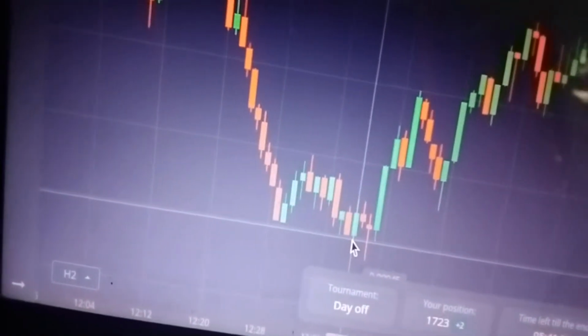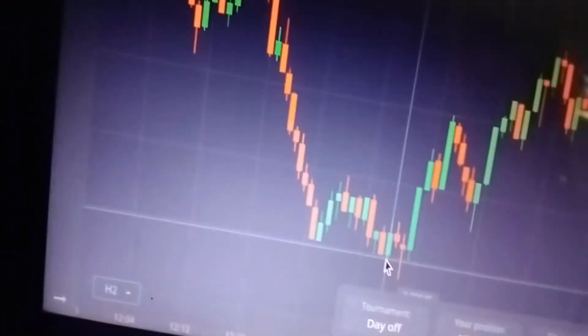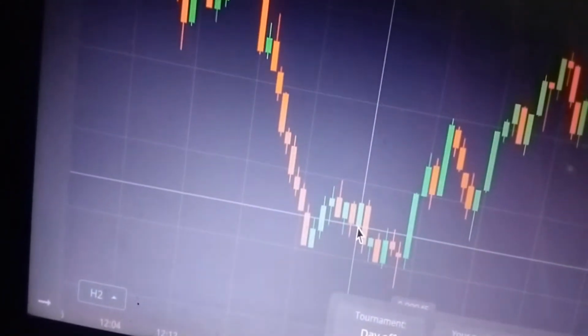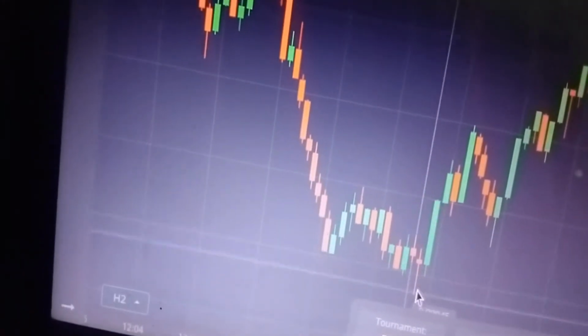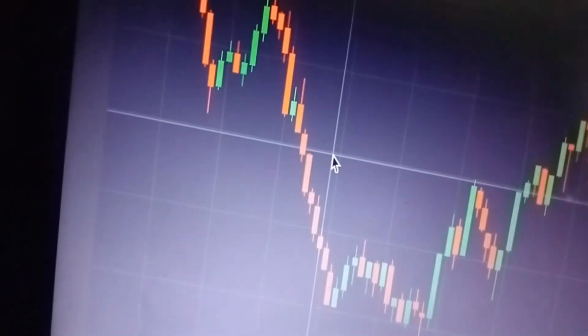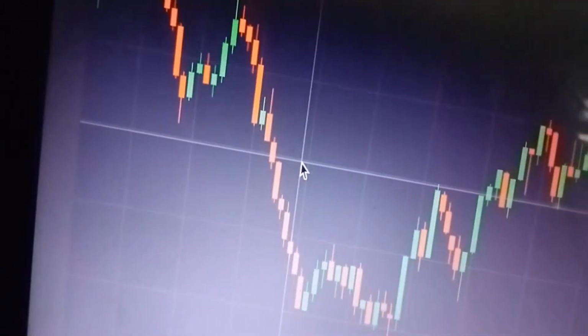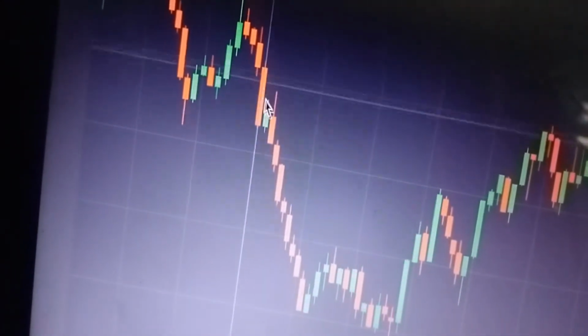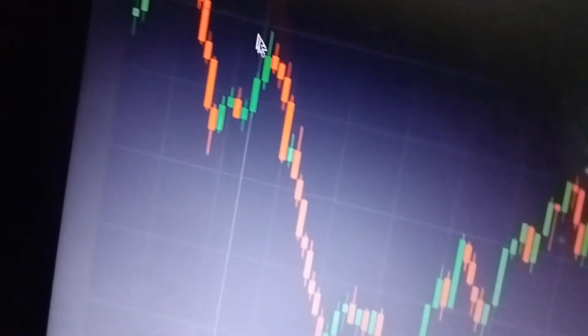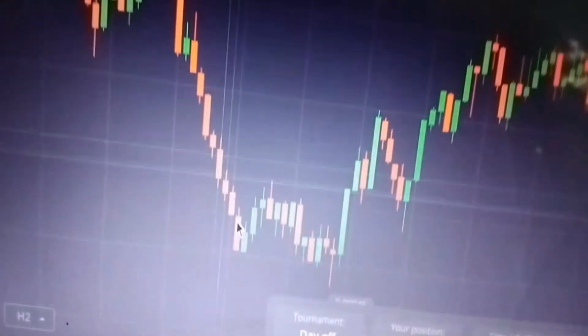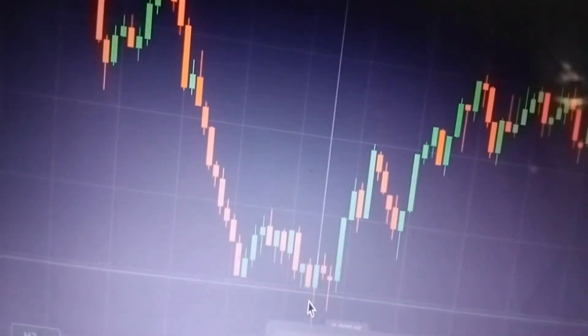So our range is now from this low to this swing high, not that one, not that, the bigger one. From this swing high to this swing low.